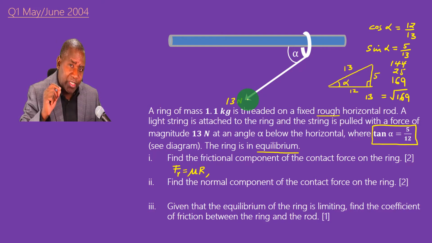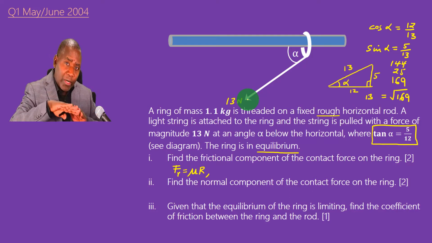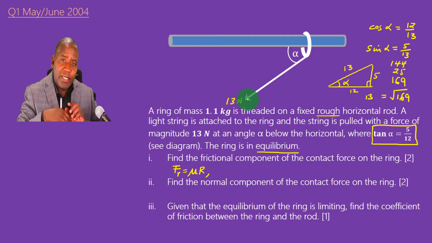It's up to us in Mechanics 1 to realize that the two most common directions that we are expected to deal with are horizontal and vertical, or along the incline and perpendicular to the incline. Those are the two situations that are very common. Here, because the rod is not inclined at any angle, it's horizontal.